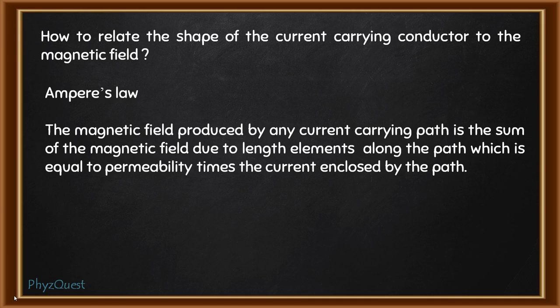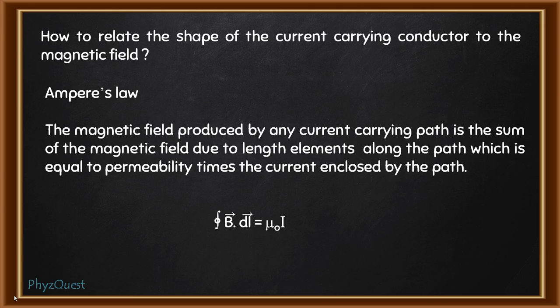Mathematically, the line integral of the magnetic field B around any closed path equals mu0 times the current enclosed by the path. Now this is your Ampere's Law. So this can be applied for any general situation of a current carrying conductor having a closed path.